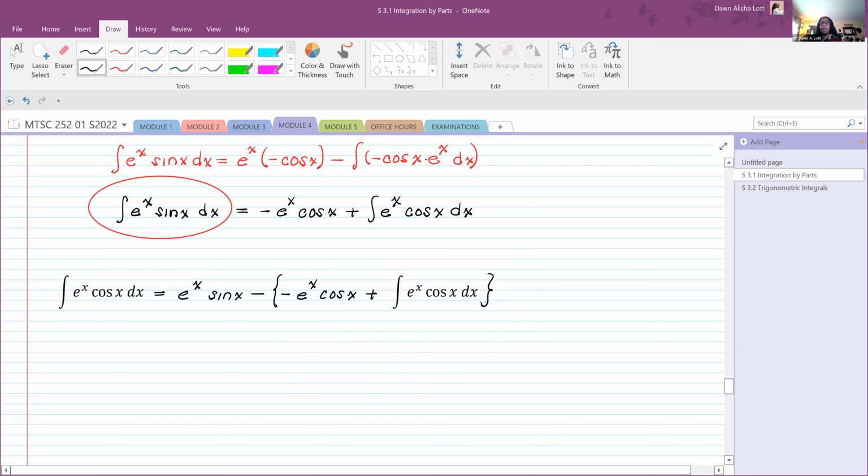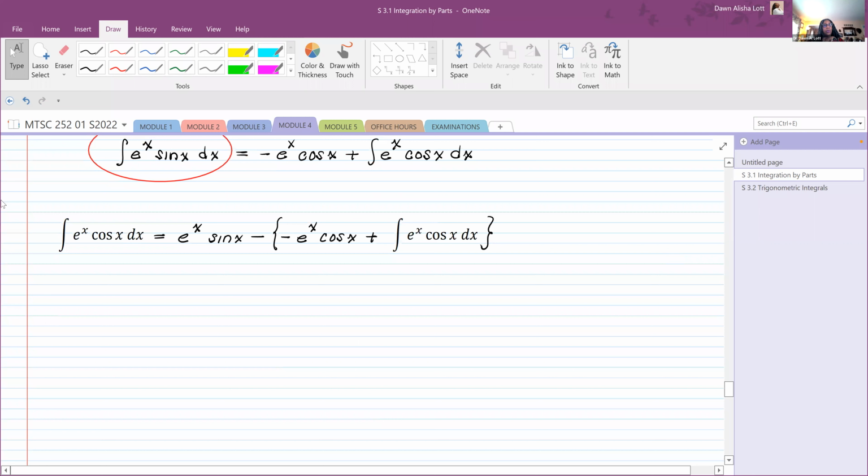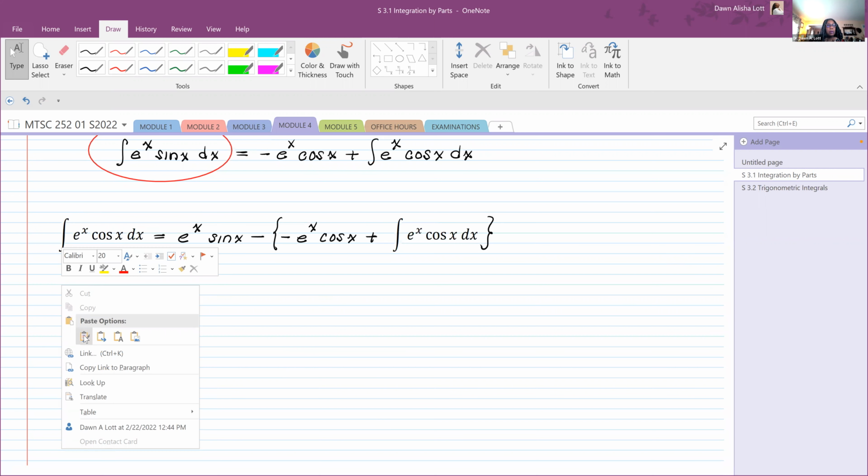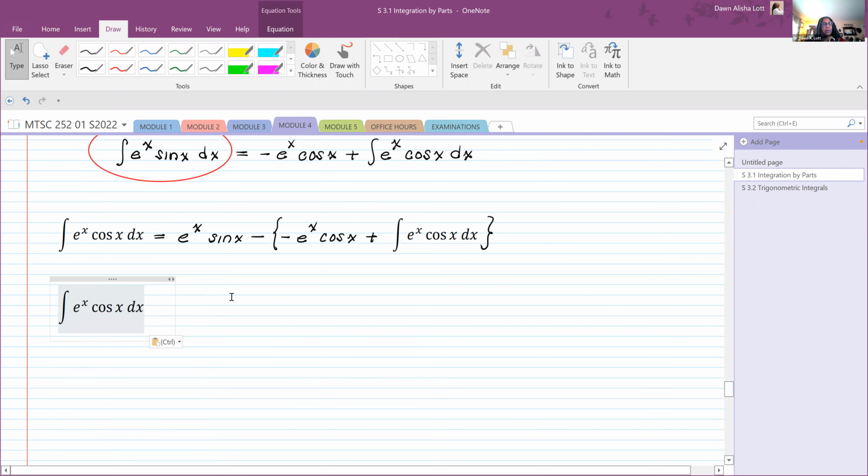So now I have the integral of e to the x cosine x. Remember, this is what I'm trying to solve for. It is equal to e to the x sine x plus e to the x cosine of x. And now I'm going to subtract off that integral.